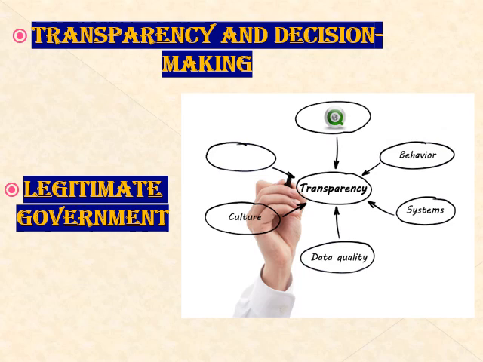Okay, last one students, legitimate government. This is another most important political outcome of democracy. Listen, what do you mean by legitimate government, students? Listen, a government relating to the making of laws. This is the most important principle of legitimate government.